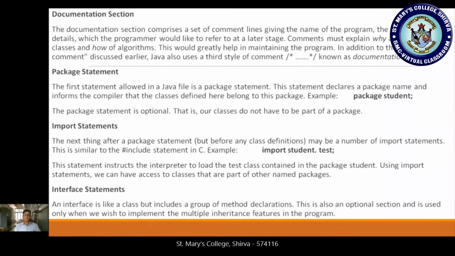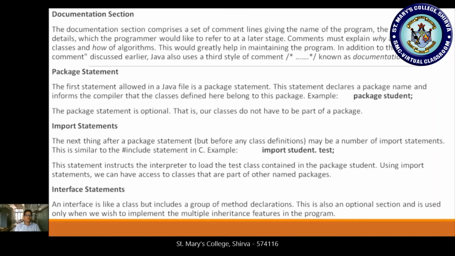So package is just like a folder; in that folder it consists of a set of classes, methods and interfaces. So if you observe here the package student, what is this package? Package is a keyword and student is the name of that folder, the name of the package. The package statement is optional, that is, our classes do not have to be part of a package.